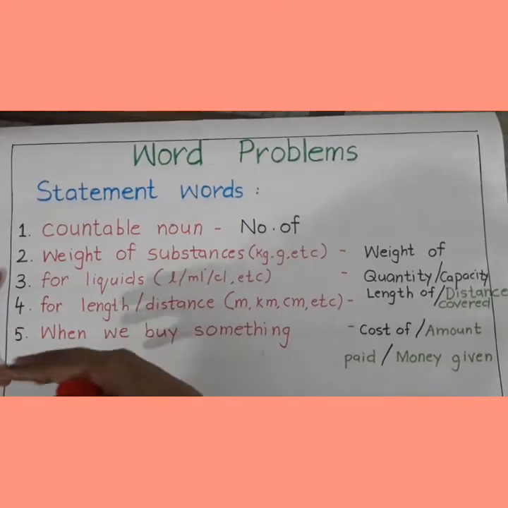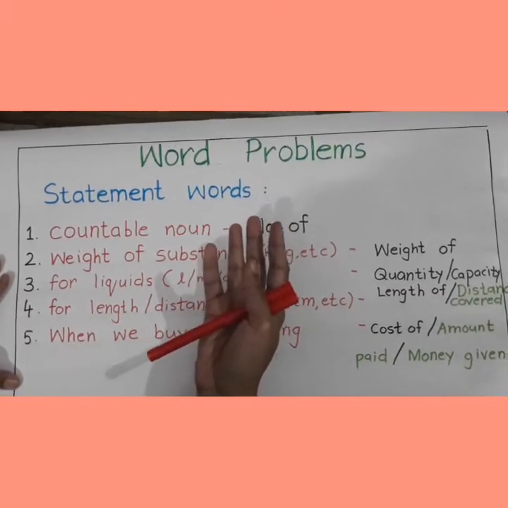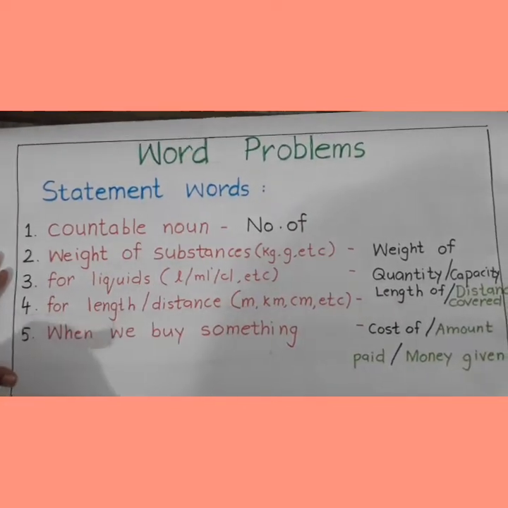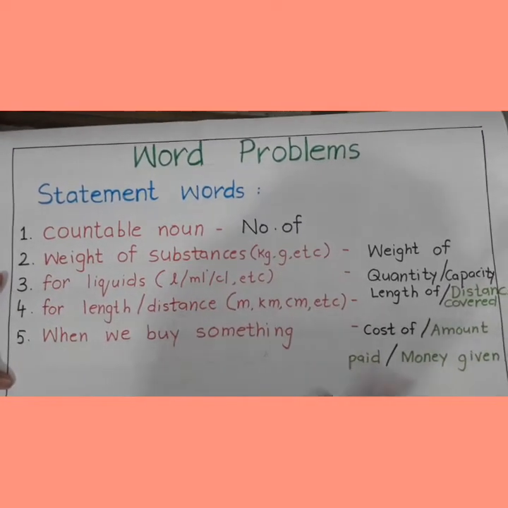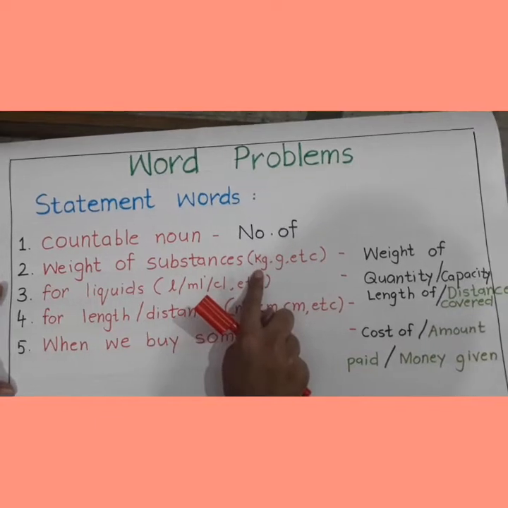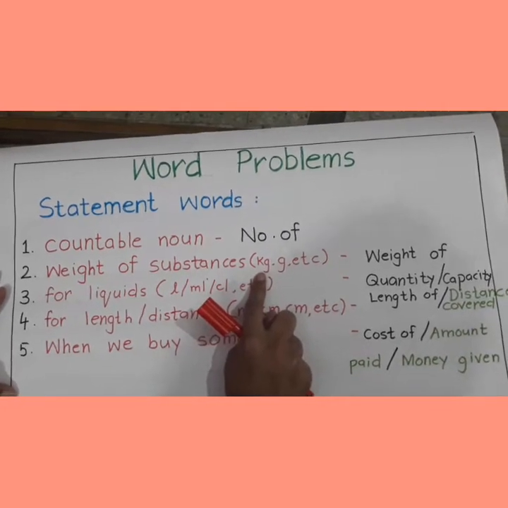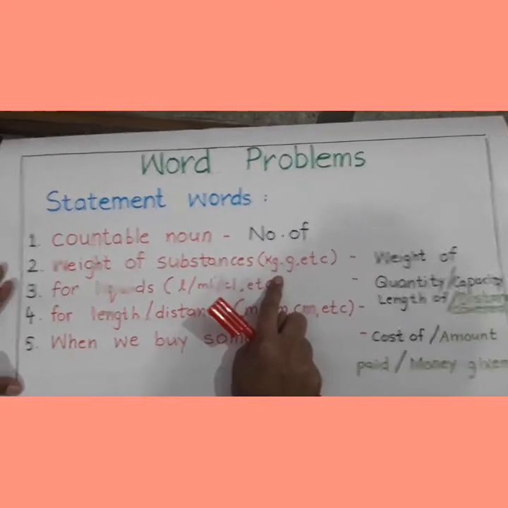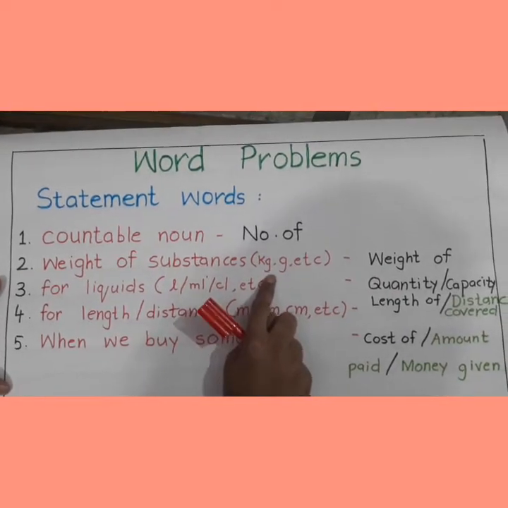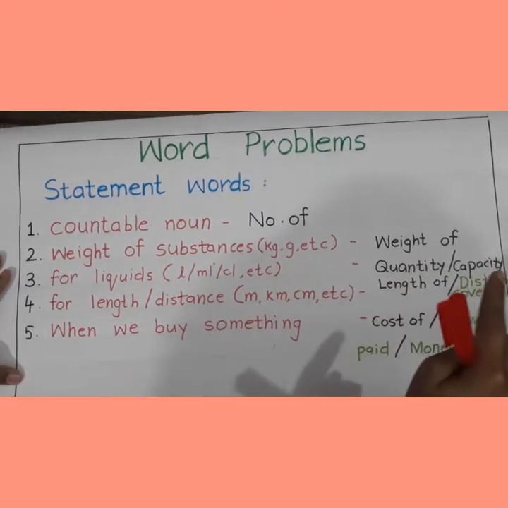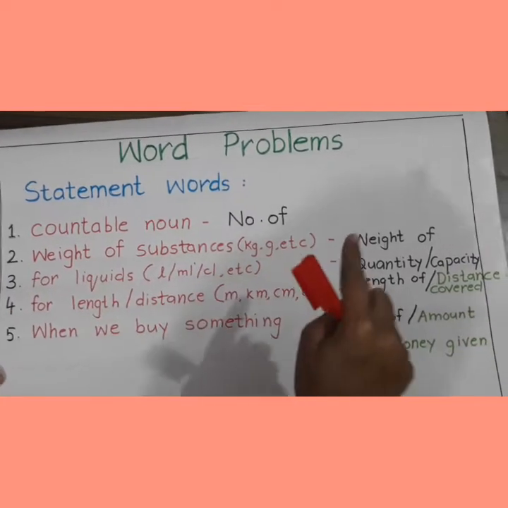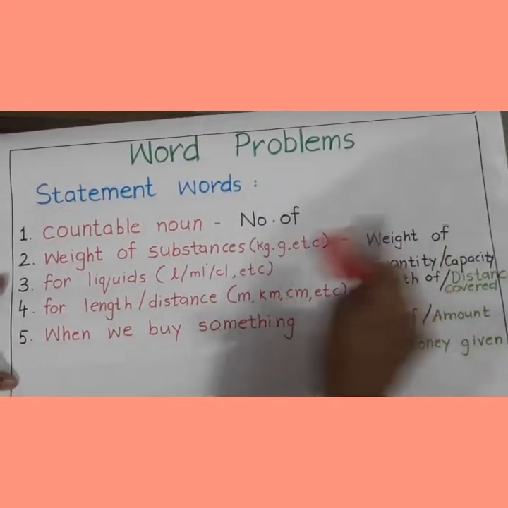But when you go to the market to buy something, for example potatoes, and you bought 5 kgs of potatoes, that time you will not start the statement with kg of potato bought. We never start the statement with a unit. We always write weight of potatoes bought, weight of mangoes bought, weight of the bag.